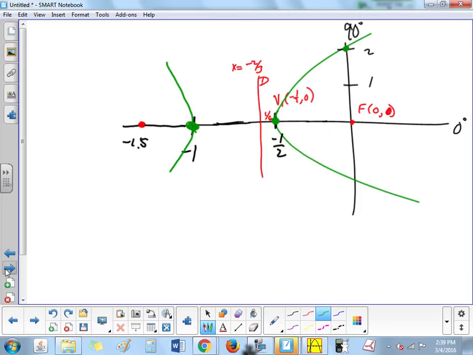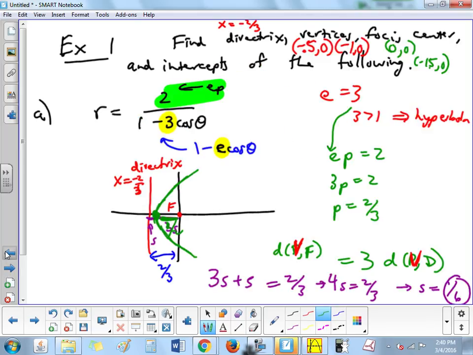The center. It's got to be halfway between the red dots or the green dots, your choice. Well, it's halfway between 0 and -1.5. -0.75, right. So the center is going to be right in the middle at -0.75. So I'll do that in blue. I'll just put -3/4, comma 0.